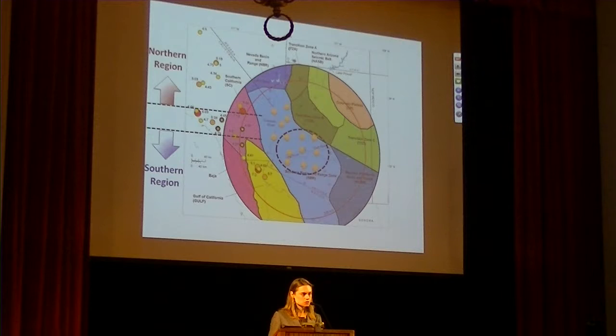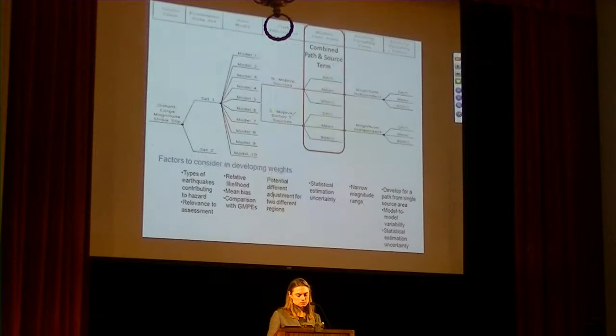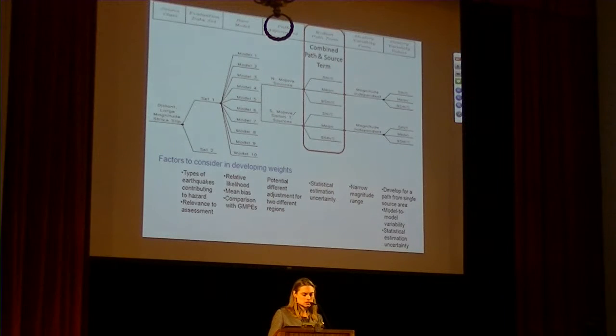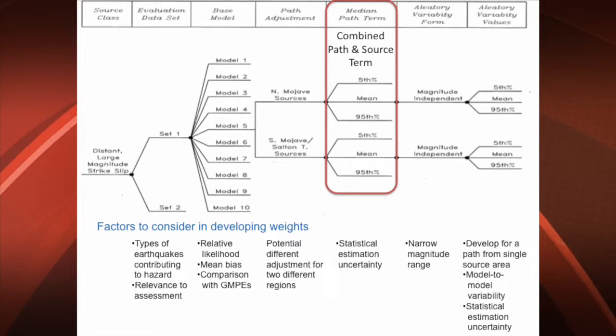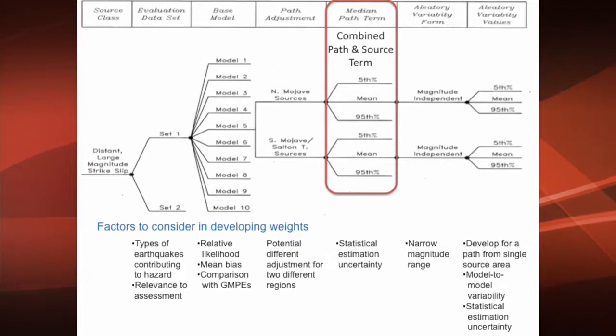And ultimately what we're trying to do here is to develop a path term for the northern region, an average path term, and then an average path term for the southern region. And this is just to show what branch on the logic tree we're working on. So this is that combined source and path term that Bob talked about this morning.